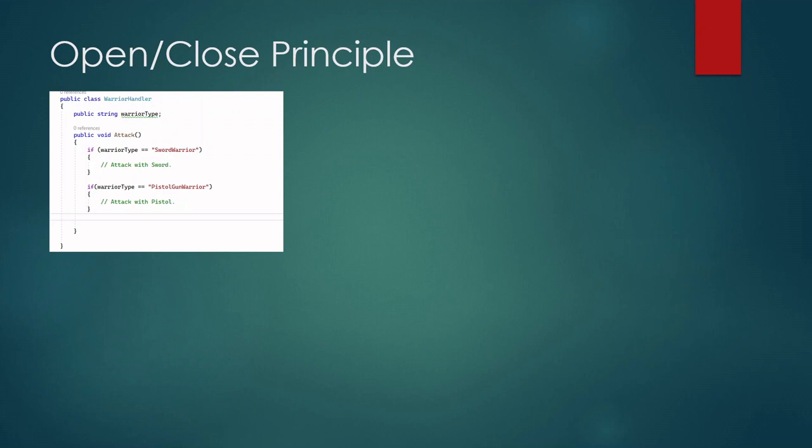Whenever a sword warrior comes in and we execute the attack method, it checks that if the warrior type is sword warrior, then do this operation. If the warrior type is gun, then do this operation.